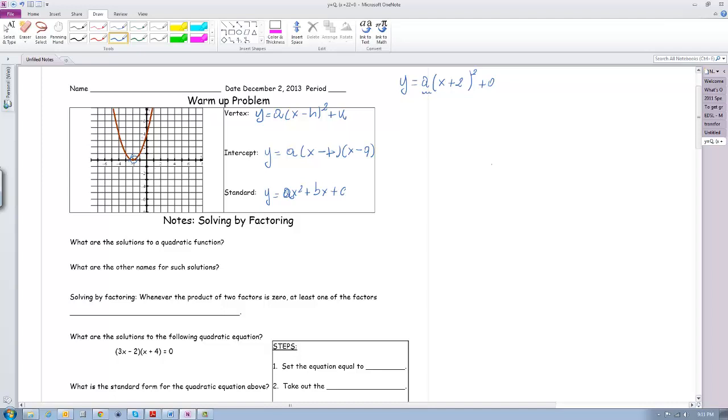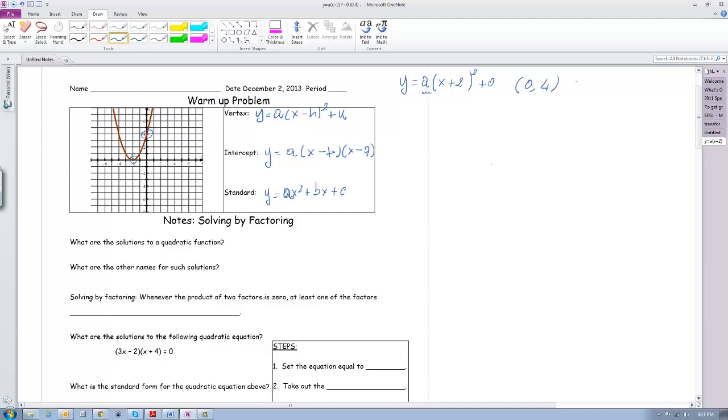So we can pick a point on our parabola and substitute the value of y and x in this equation. So let's say I pick the y-intercept, my 4. In this case, the coordinates of that point are 0, 4.